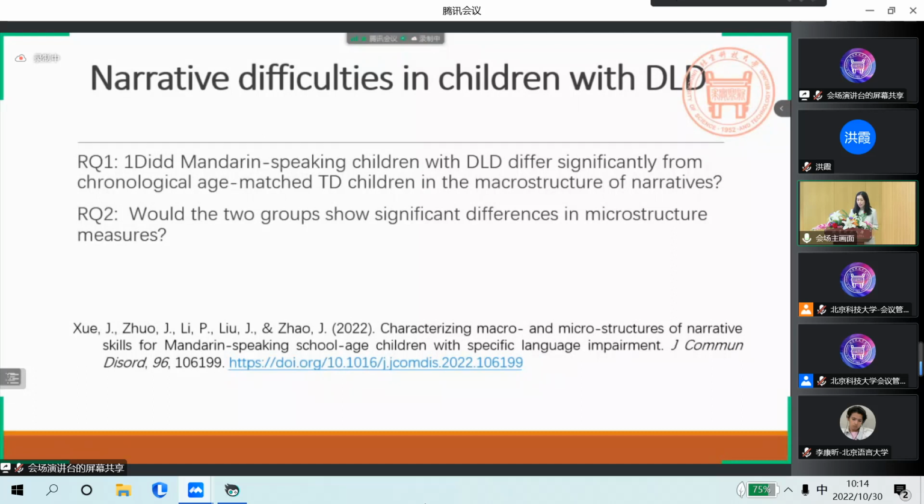And the second research question is: would the two groups, that means children with DLD and their typically developing age-matched peers, show differences in microstructure measures? Microstructure measures were defined in several dimensions, including lexical and syntax.